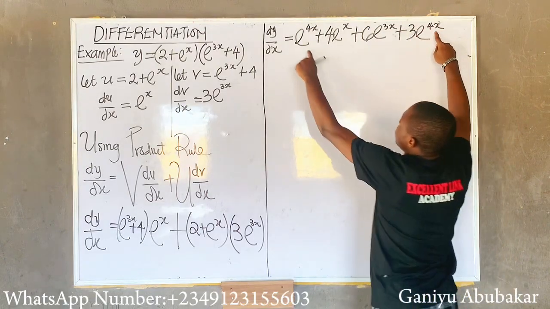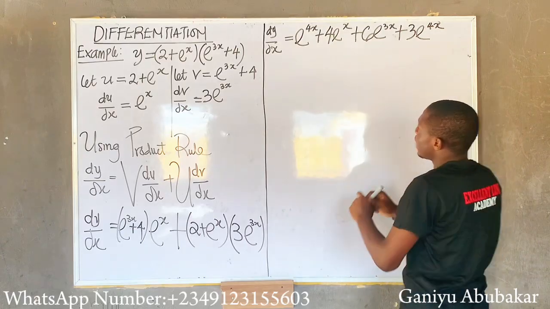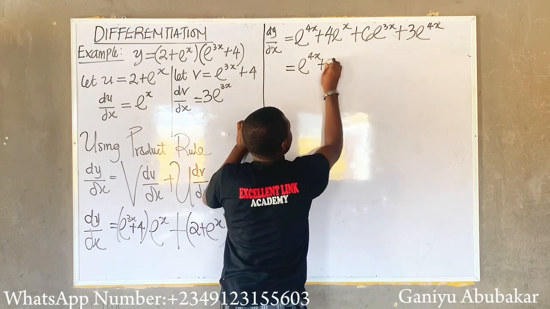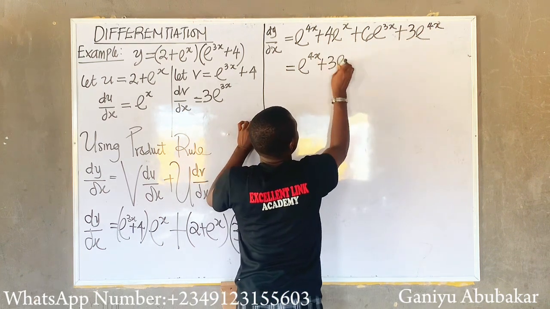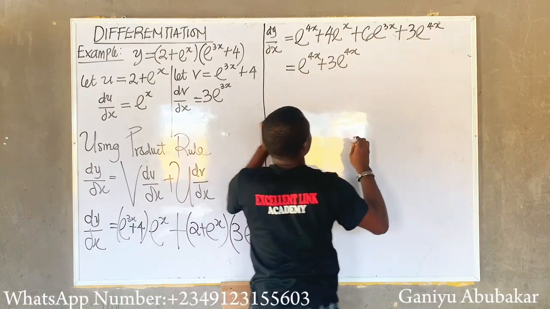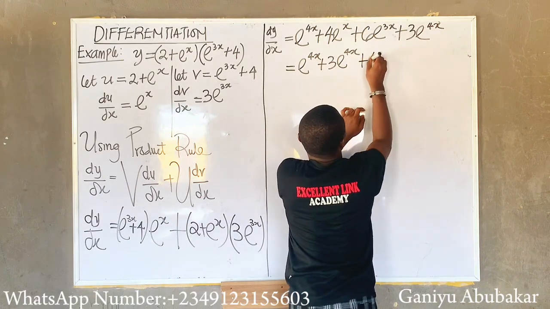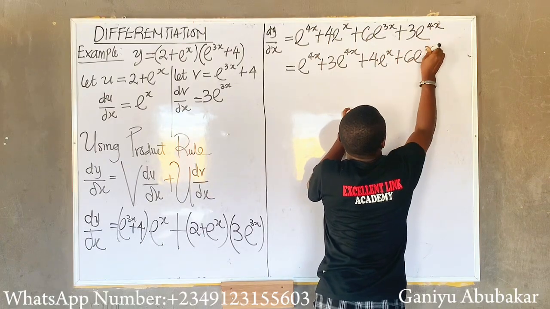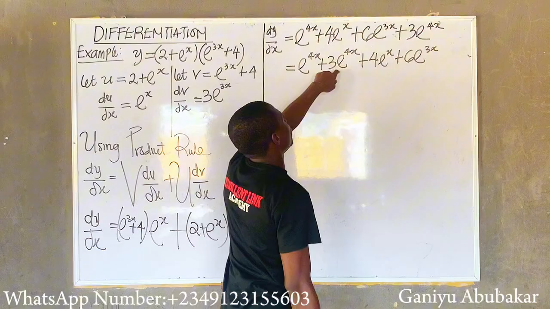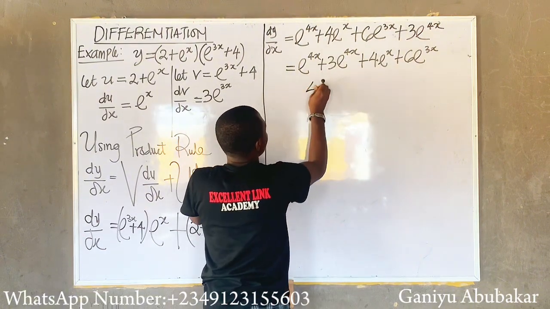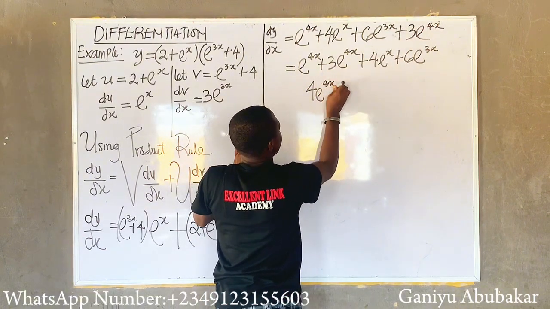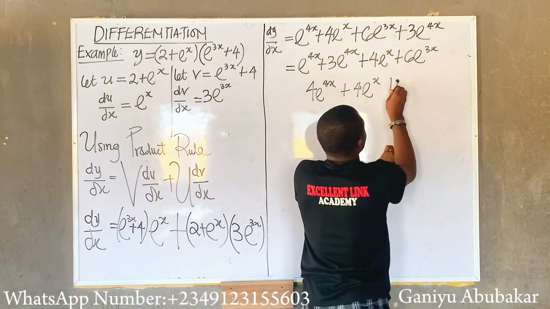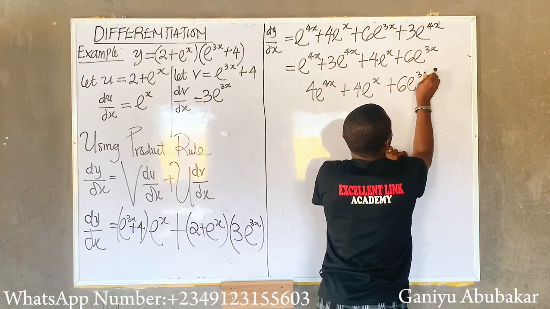So creating like terms, I shall have exponential 4x plus 3 exponential 4x, plus 4 exponential x plus 6 exponential 3x. This plus this will give 4 of it. So I'll have 4 exponential 4x plus 4 exponential x plus 6 exponential 3x.